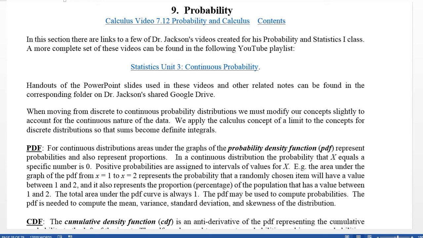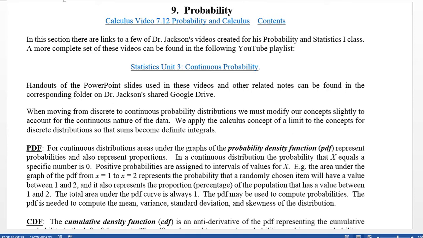In this next several videos, we're going to be talking about some connections between probability and statistics and calculus. There's a lot more about probability and statistics in my playlist on statistics. Unit 3, continuous probability, relates very much to what we have here.